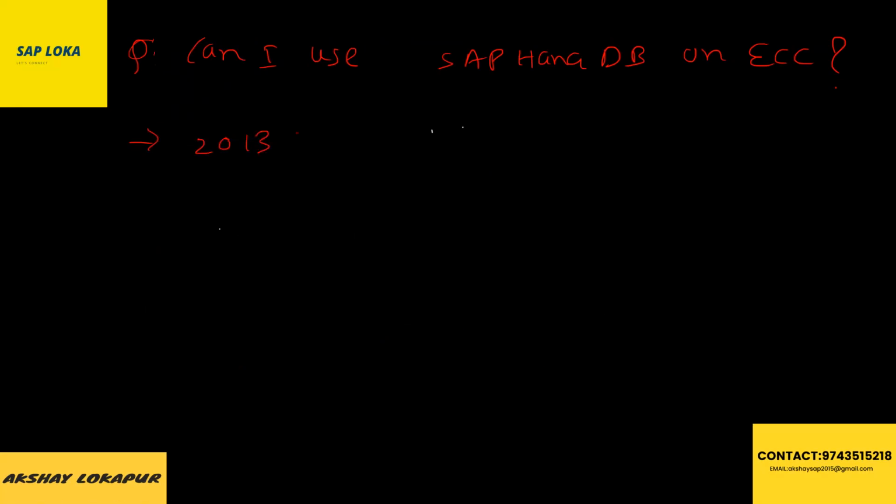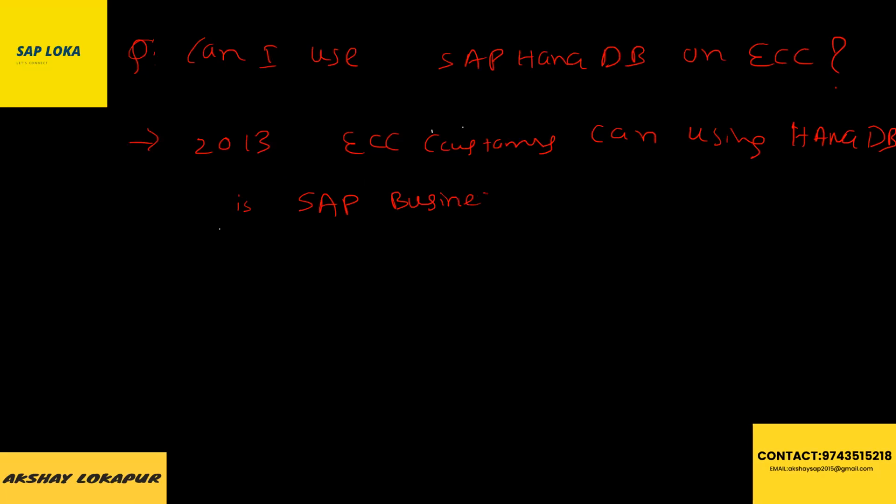From 2013 onwards, our ECC customers can start using the HANA database. So that is called what here? It's called SAP Business Suite on SAP HANA.